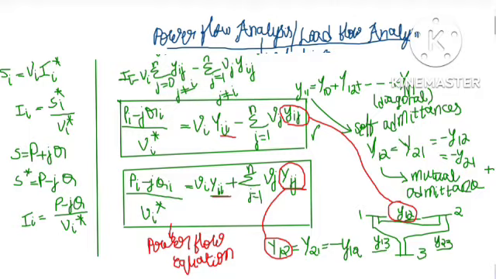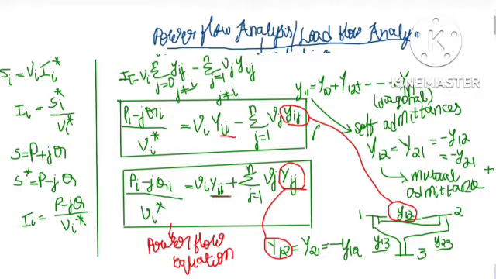Actually, in the summation j equals 0 to n of Yij, we can neglect j not equal to i. So it will become Vi into, okay, j is not equal to i, okay, we can write it.